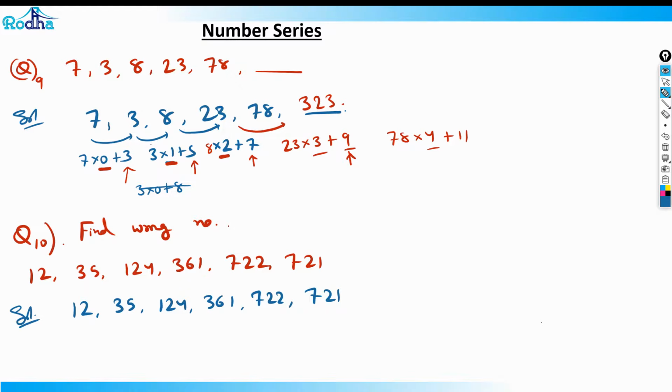Now again, if I observe the pattern, how to get that 12 here? From 12 to 35.